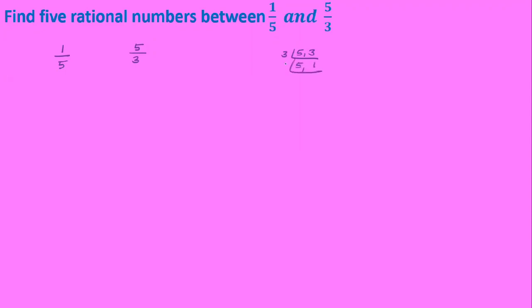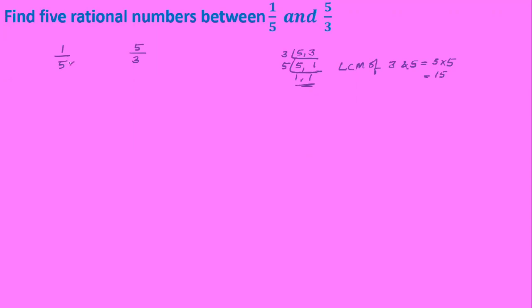The denominators are 3 and 5. So LCM of 3 and 5 is equal to 3 into 5, that is 15.